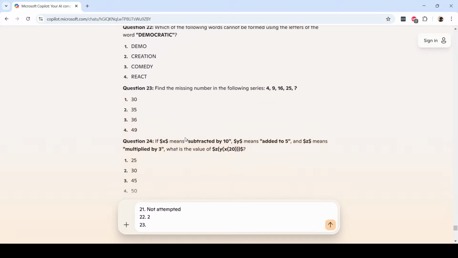Find the missing number in the following series: 4, 9, 16, 25. So 4 plus 5, 7, 16 plus 9, so 11, that is 36.